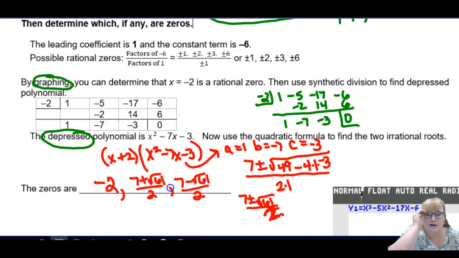All right, if I had my calculator still on with that graph in it, I could go ahead and go trace and then type parentheses 7 plus the square root of 61 parentheses divided by 2, and it should jump right to an exact 0 on that graph.